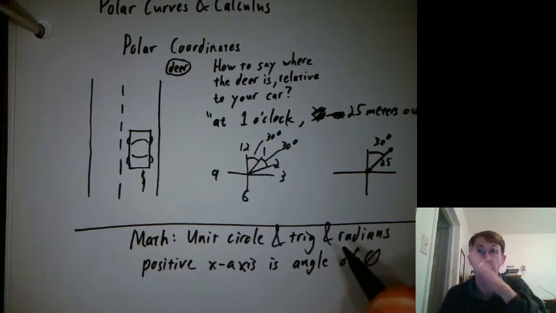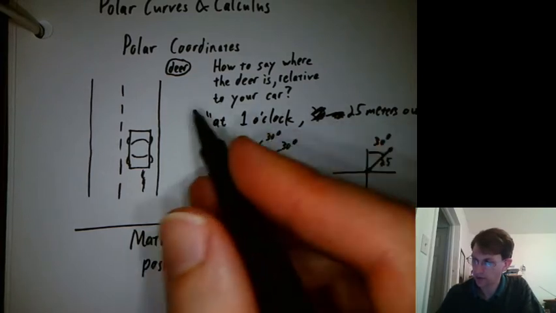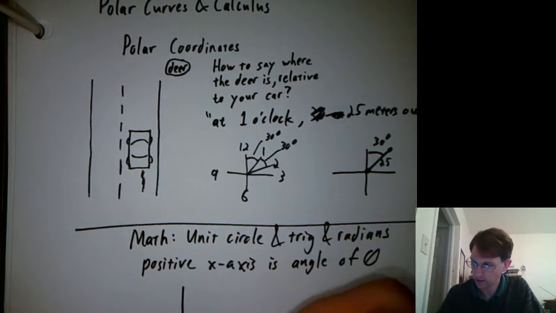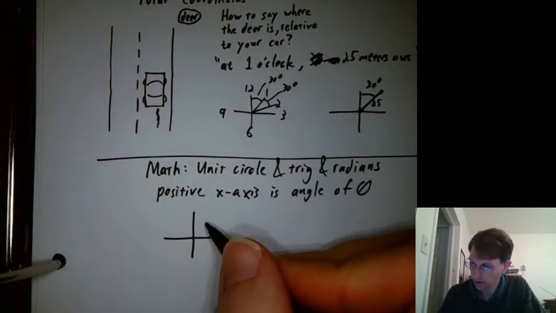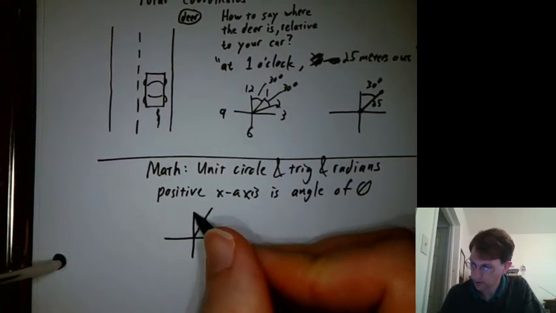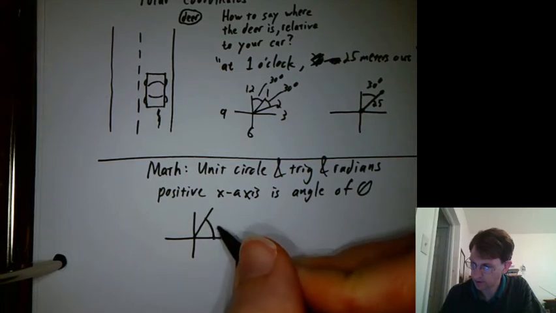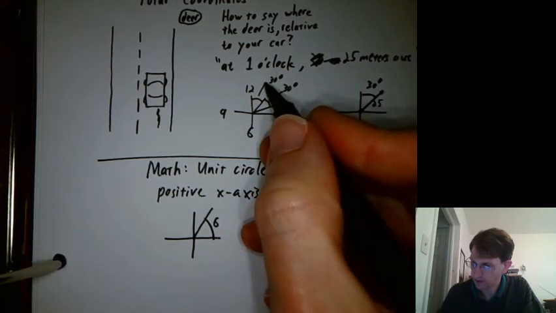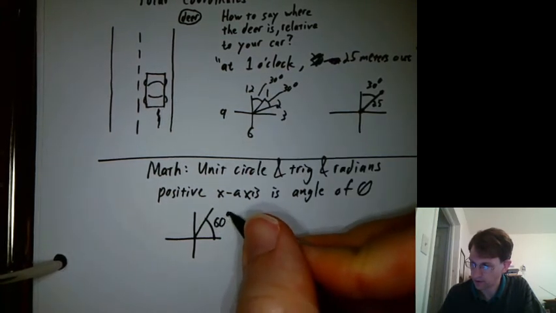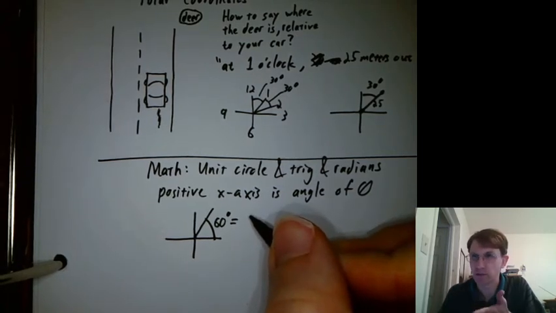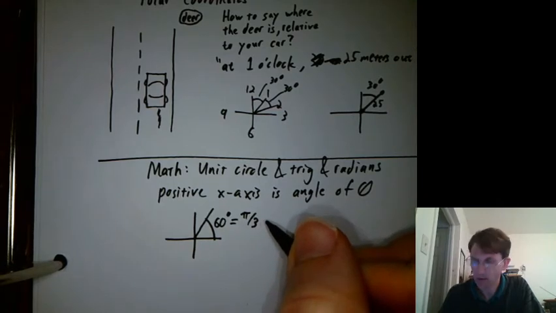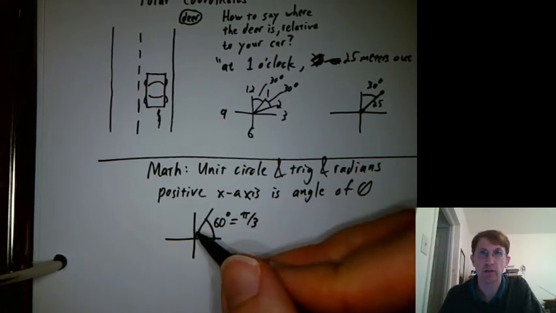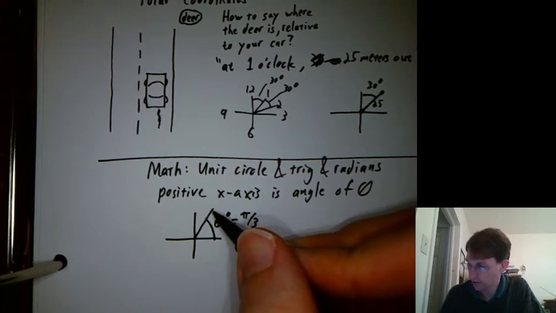And then we increase counterclockwise. So how would we describe where this deer is according to that system? Instead of describing this angle, we'd describe this angle, which, if that angle is 30, this angle will be 60 degrees, but in radians that's pi over 3. And then we'd say 25 meters of a radius from the origin out to that spot.